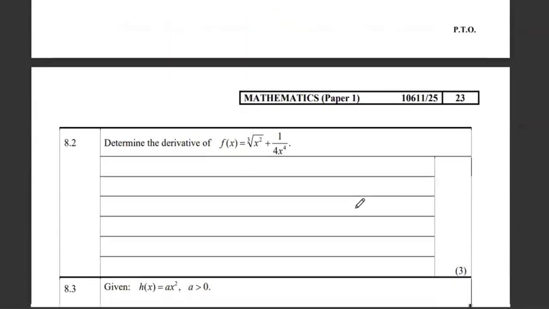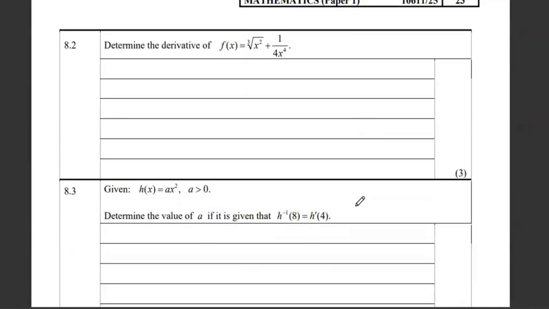All right, then 8.2, determine the derivative of this. Okay, so let's change the root signs and let's move this from the bottom, we take it to the top. So that's going to be x to the 2 over 3, because the cube root is like exponent a third. Okay, then you multiply with the 2, you get 2 over 3. Plus, I'm going to have 1 over 4. I have to take this up, becomes x to the negative 4.